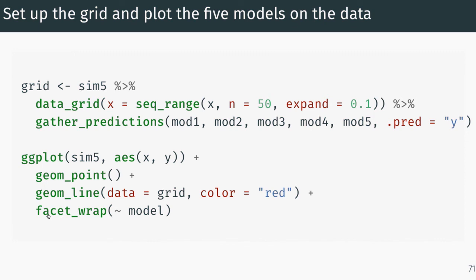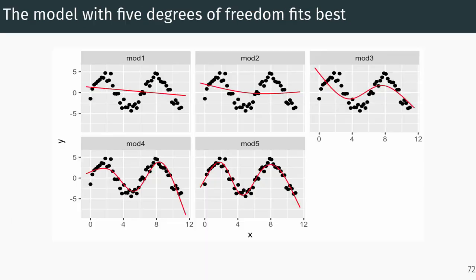We're going to facet wrap this on model, and we have 5 models, 1, 2, 3, 4, 5 models. So we'll have 5 plots, 5 facets to the plot. And this is degree 1, degree 2, degree 3, and so on. And you can pretty easily see that degree 5 best approximates the function.